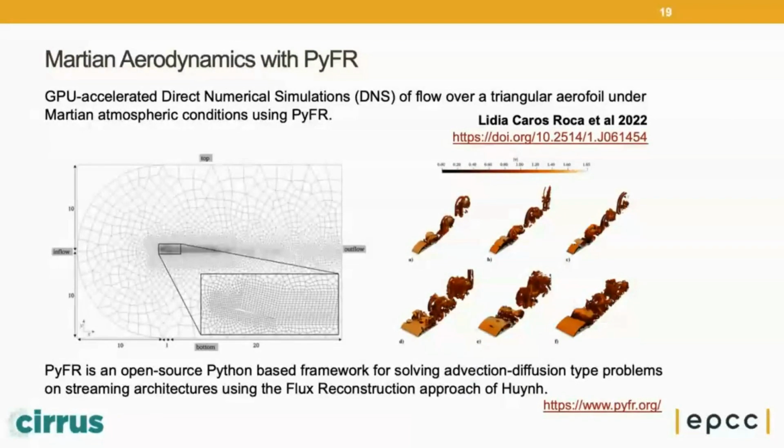And so on Mars, the atmosphere is thinner. The speed of sound is about 3/4 that on Earth, and you have a lower Reynolds number between 1,000 and 10,000. And so they wanted to run this CFD code on the Cirrus GPU nodes, and I've got the graphic on the left showing the grid.